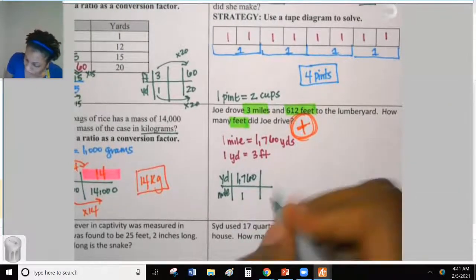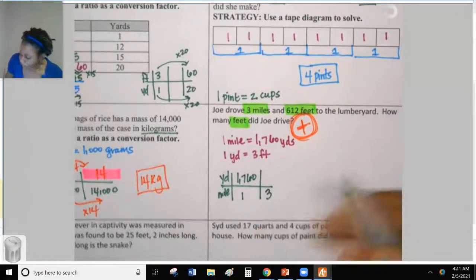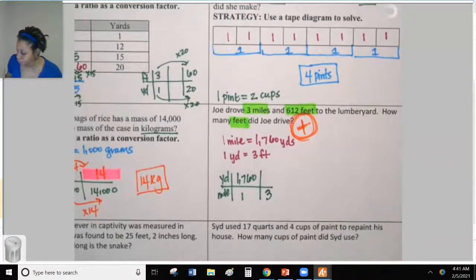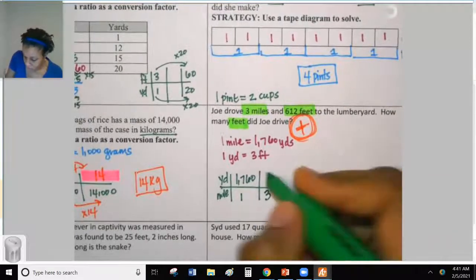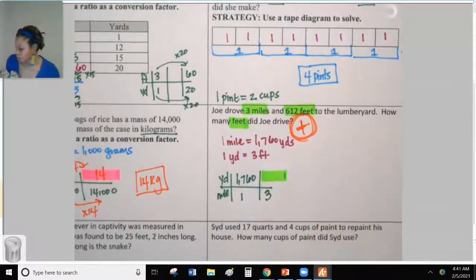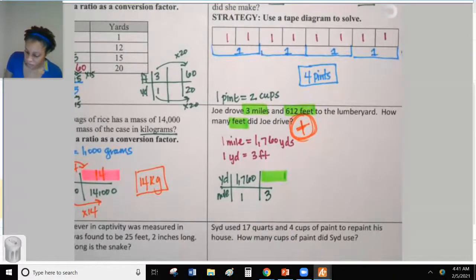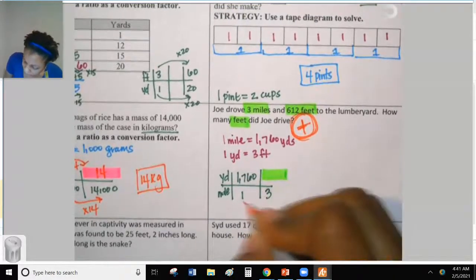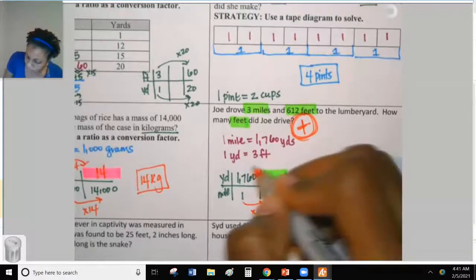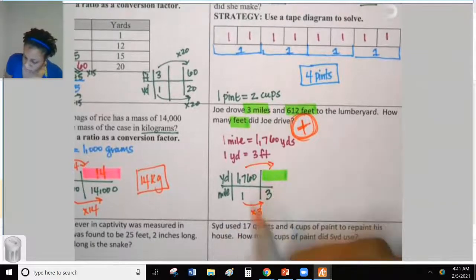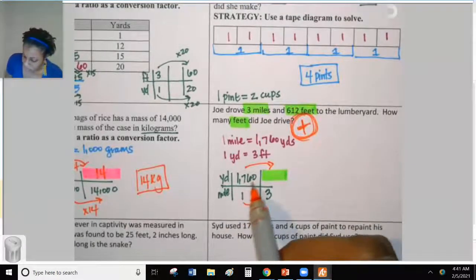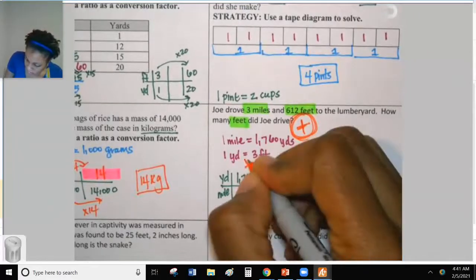So I have 3 miles and I want to convert that to yards. So that's my unknown, okay? How do I go from 1 to 3? Times 3. So then I have to multiply 1,760 times 3.